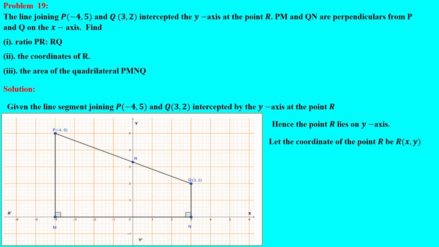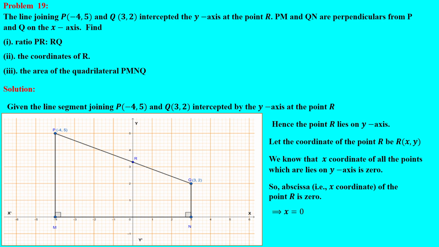Therefore, let the coordinates of the point R be (x, y). Since R is lying on the y-axis, the x coordinate of R is 0, that is x equals 0. Therefore the coordinates of R will be (0, y). We need to find y.